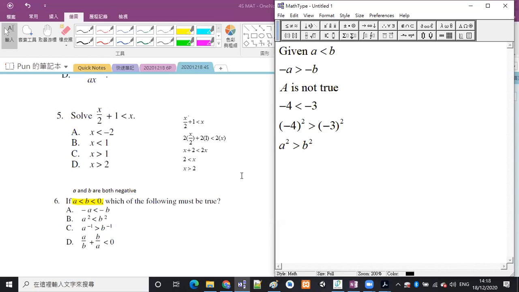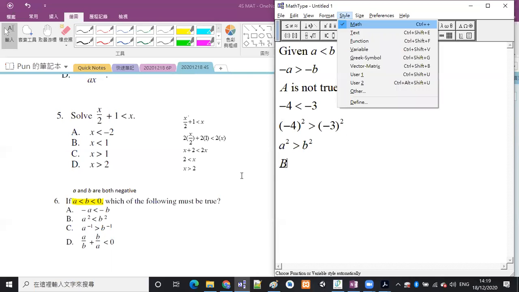If they both are positive, then A squared will still be less than B squared. That will be a different case. Can you get this? But if both A and B are negative numbers, then when they are squared, A squared will become larger than B squared, which means that B is not true.